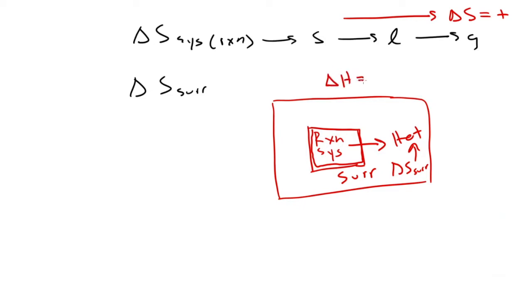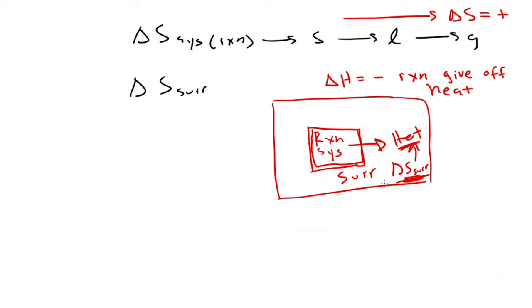If delta H is going to be a negative value, that means the reaction is going to give off heat, right? The reaction is going to release heat, and it releases heat to the surroundings. And if the surroundings get hot, molecules start going faster and faster, and you increase the amount of disorder of the surroundings.